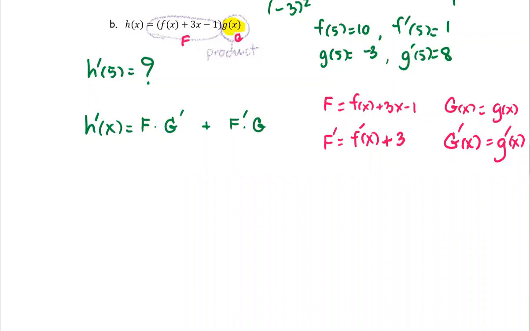Now I'm gonna bring it into my template where I have to use the product rule. My quantity for the F, parentheses, remember, keep it as a habit.